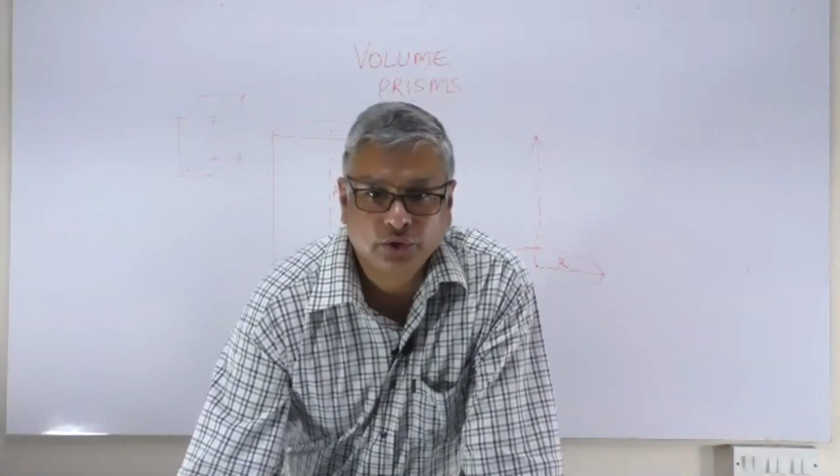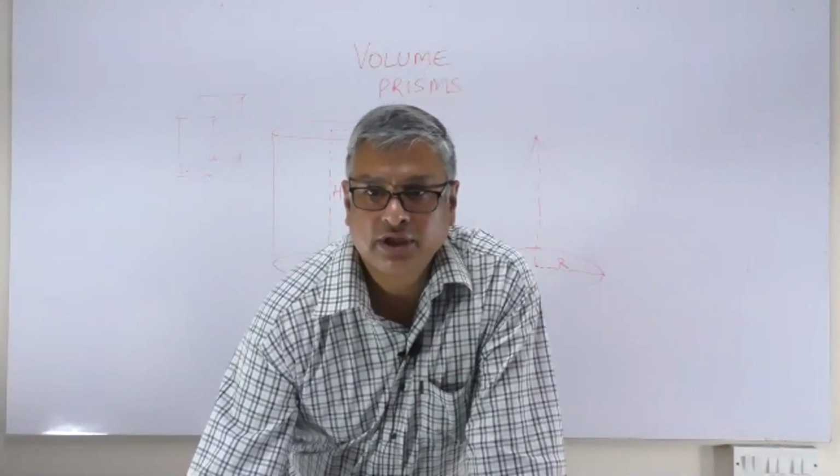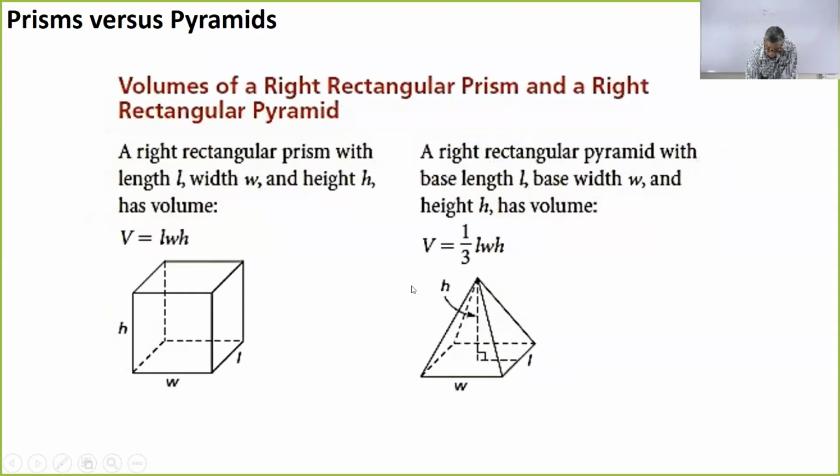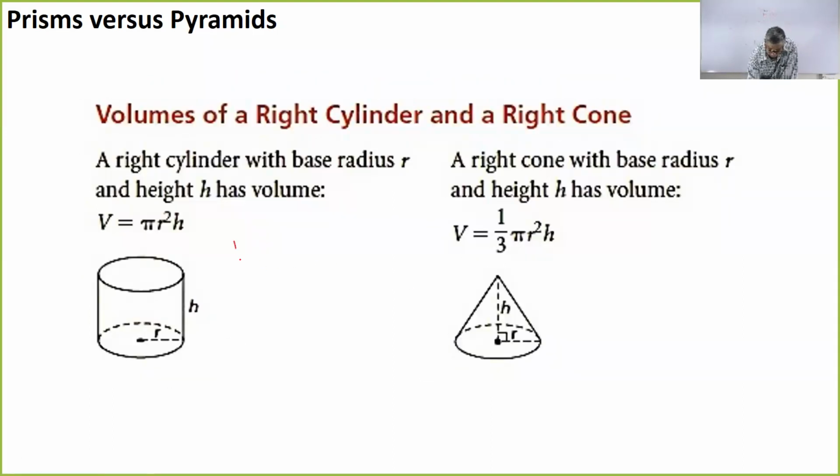Now I also want to show you, let me share my desktop screen, the relationship between other objects. So here, this is what we exactly saw: 3 of these. Volume of cylinder was 3 times volume of cone, if this radius is exactly the same as this radius and this height is exactly the same as this height.